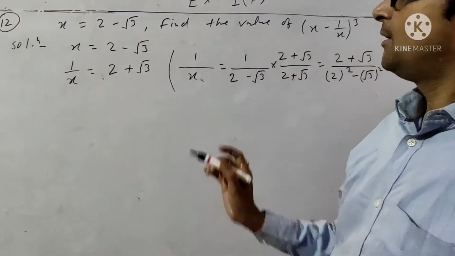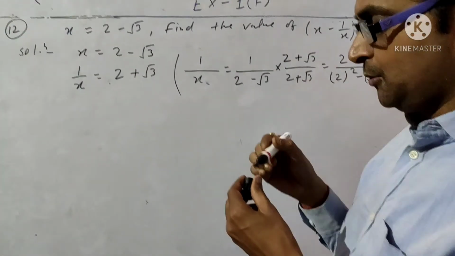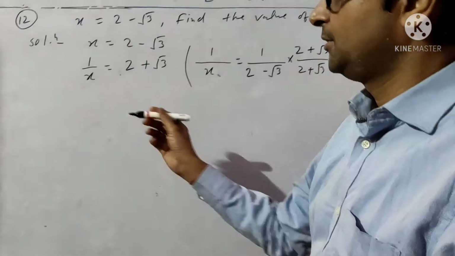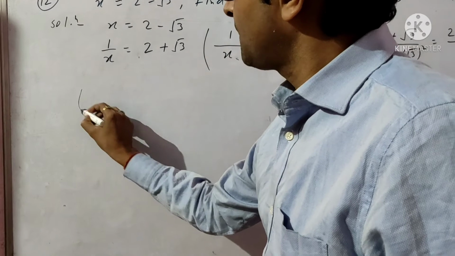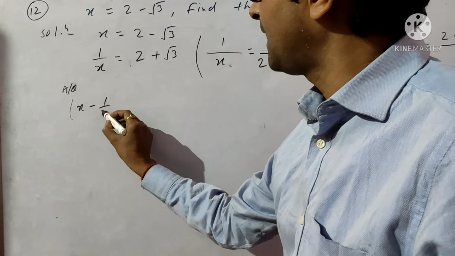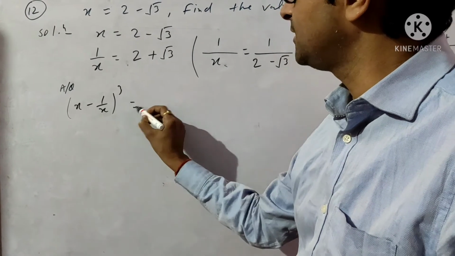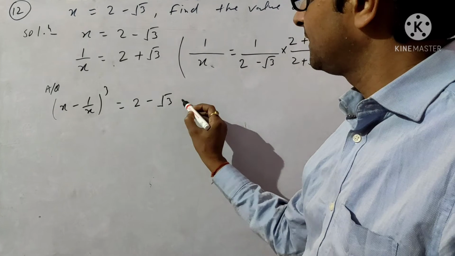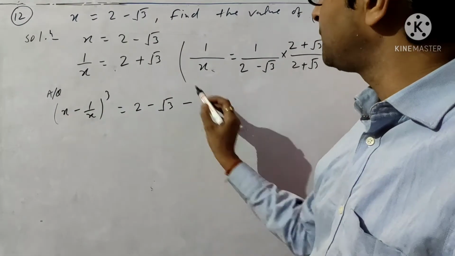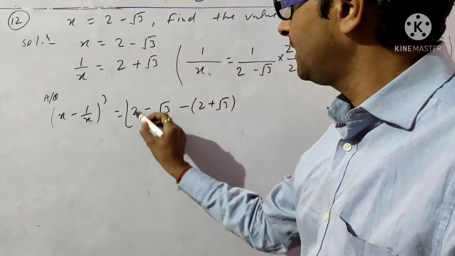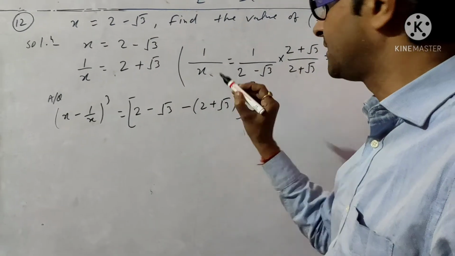This one. Okay, student. Find the value of (x minus 1 by x) whole cube. Okay. So according to the question, (x minus 1 by x) whole cube is equal to the value of x, 2 minus root 3, minus the value of 1 by x, 2 plus root 3, and the power is whole cube.